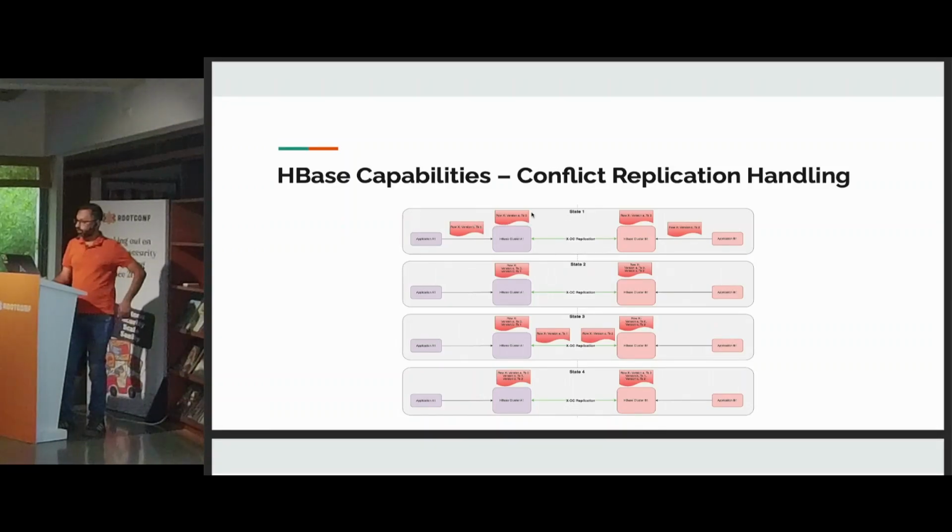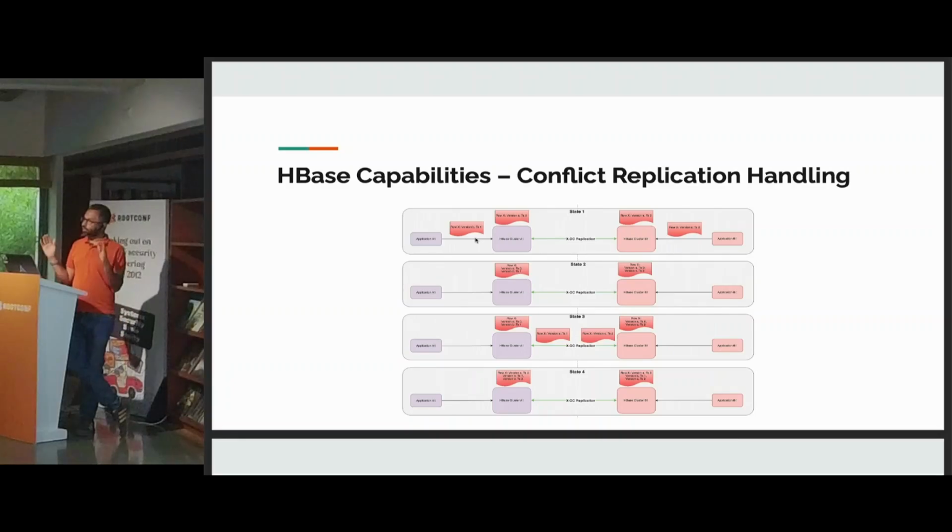Here, if you look at the example, at the start someone has written row X version A at T0. That's already there. Now at T1, if you look, there is a left side and a right side. The left side cluster in data center A is called A1, and the right side is called B1.